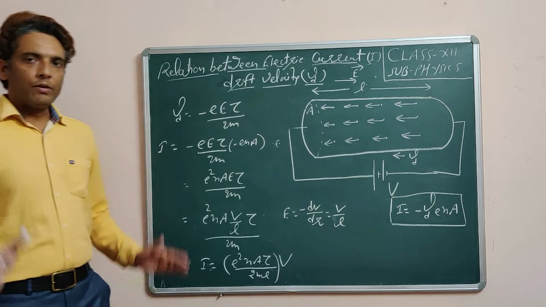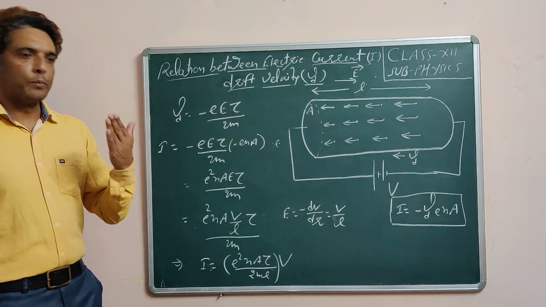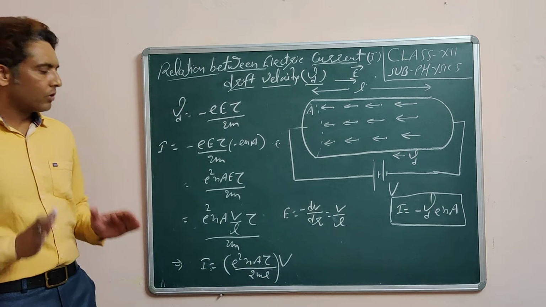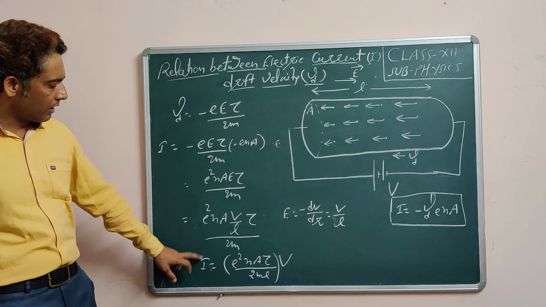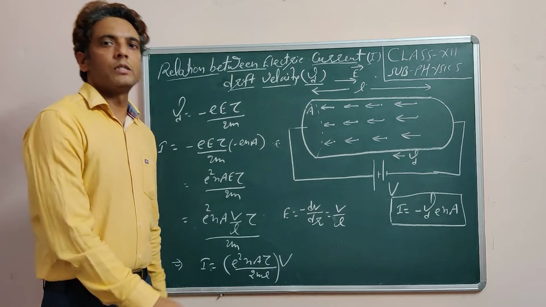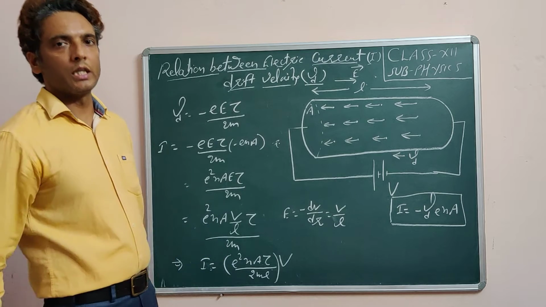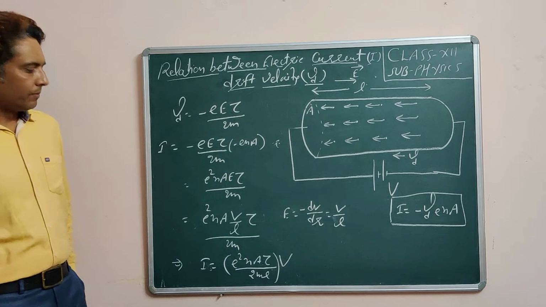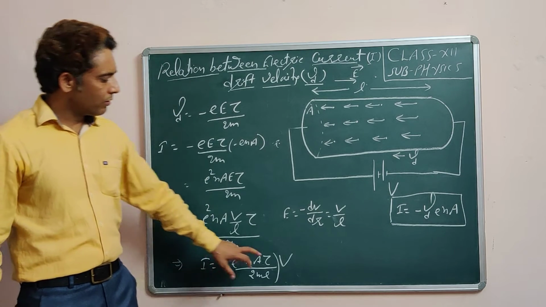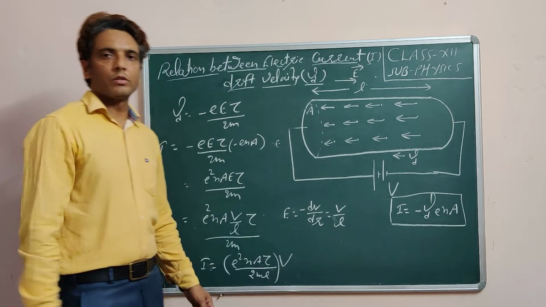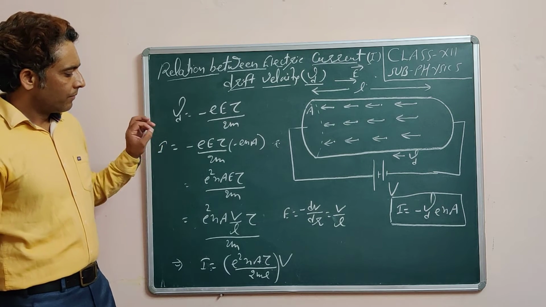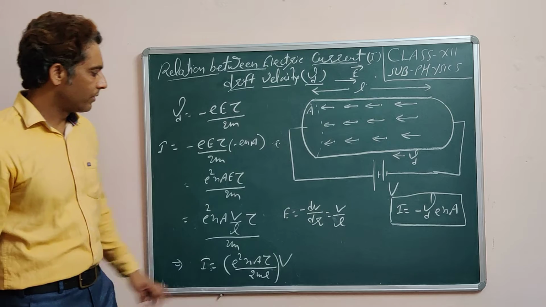So for given conductor at constant temperature, this whole factor will be constant, means at constant temperature the current flowing through a conductor will be proportional to potential difference applied. This you have studied in class 10th in case of Ohm's law. So the current is proportional to potential difference applied across the ends of the conductor, but that is under certain fixed conditions of temperature.